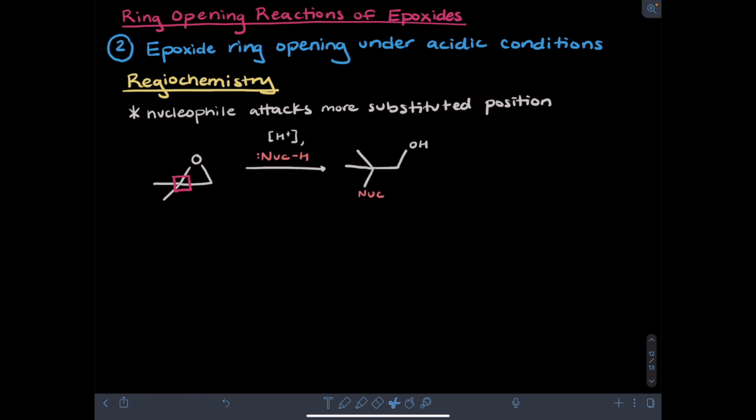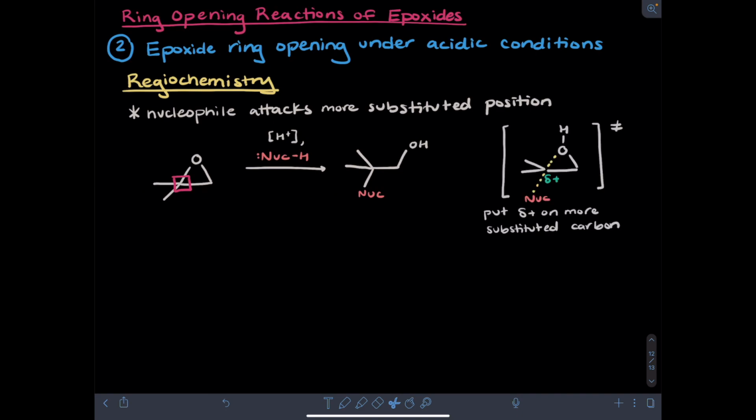In the product, you'll have a new carbon-nucleophile bond at the more substituted position, and the oxygen of the epoxide will be present as an alcohol group on the less substituted carbon. The nucleophile preferentially adds to the more substituted position due to the fact that adding the nucleophile to this carbon puts partial positive charge on a more substituted carbon at the transition state, which is favorable.